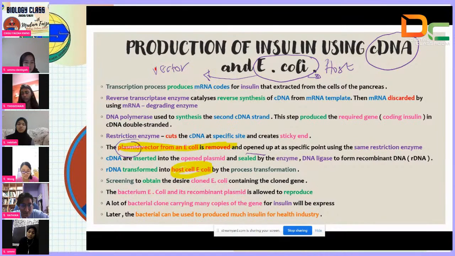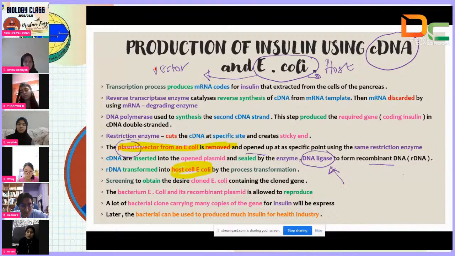So cDNA are inserted into the open plasmid, and as you all remember, we have the modifying enzyme, tool number 4, under gene cloning we have 5 tools. So tool number 4, DNA ligase, will seal, forming the phosphodiester bond, in order to form the recombinant DNA.